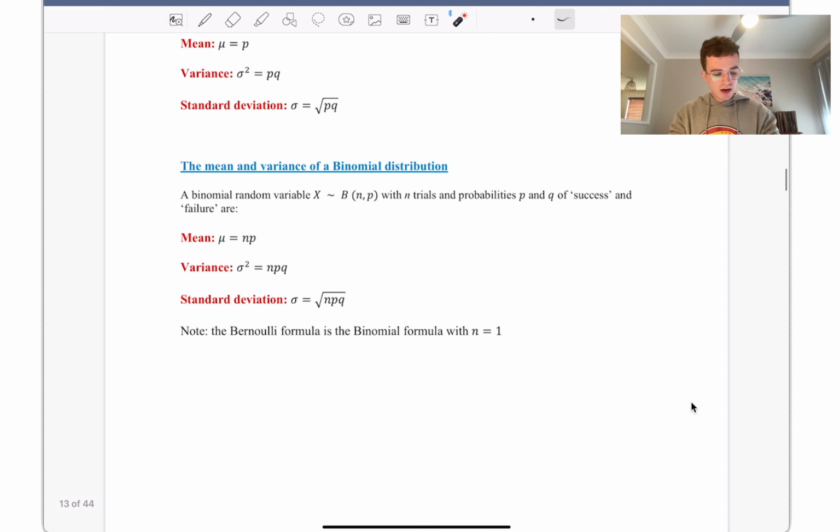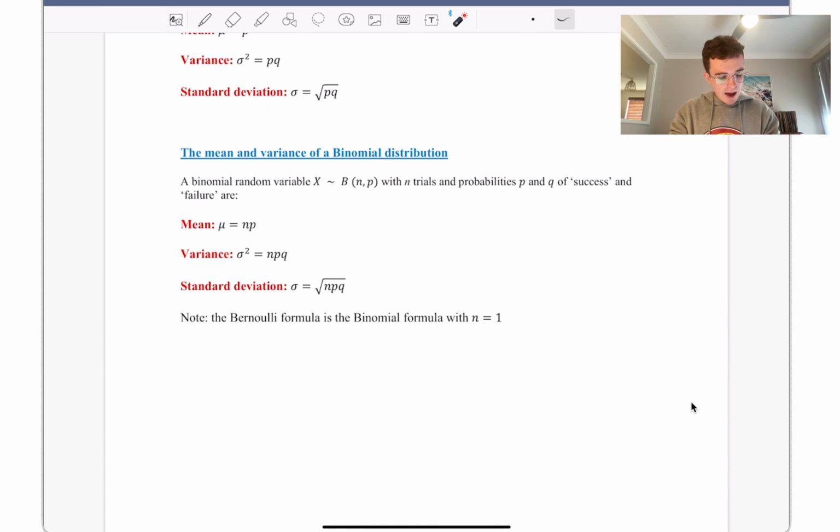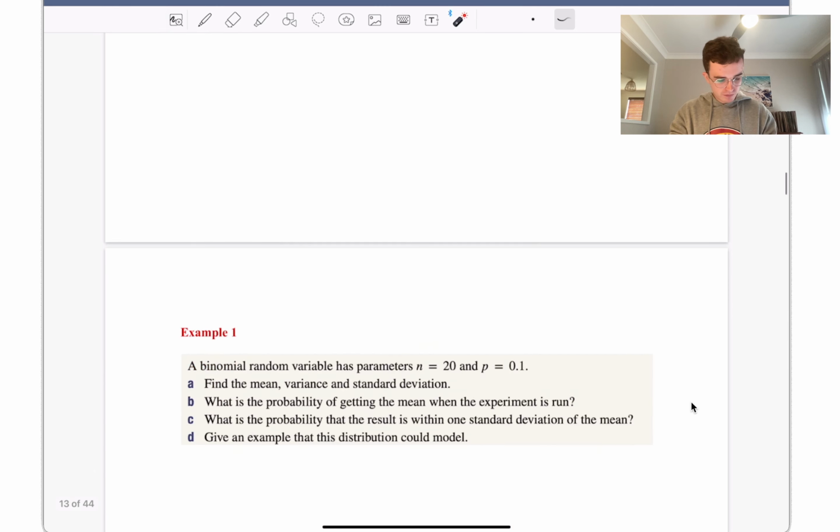Now, for a binomial random variable X belonging to a binomial distribution with n trials, probability p of success and q of failure, the mean is equal to np, the variance is npq, and the standard deviation is the square root of npq. I think I've got proofs later on regarding these, but just note that a Bernoulli distribution is the same as these except n is equal to 1.